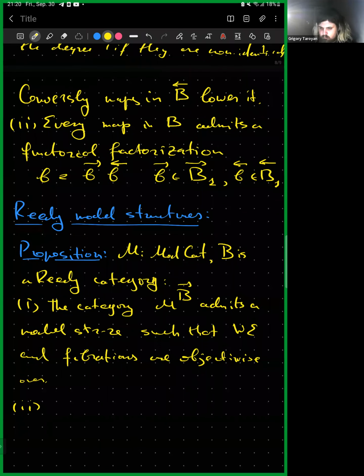Basically this can be said for any category of diagrams in the model category, where the indexing category is a small category. So this, I think, is called the projective model structure. But here we wanted it precisely for this increasing subcategory.